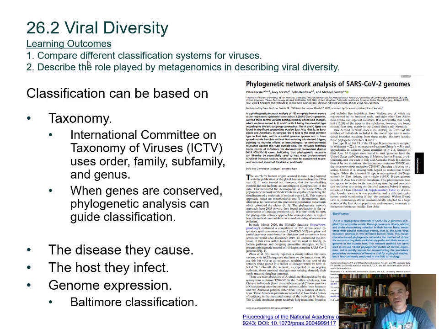So your learning outcomes here are to compare different classification systems for viruses and to describe the role played by an area of study called metagenomics in describing diversity. So when it comes to trying to get a handle on the different types of viruses out there, it's helpful to classify them. And so there's different ways that viruses can be classified.